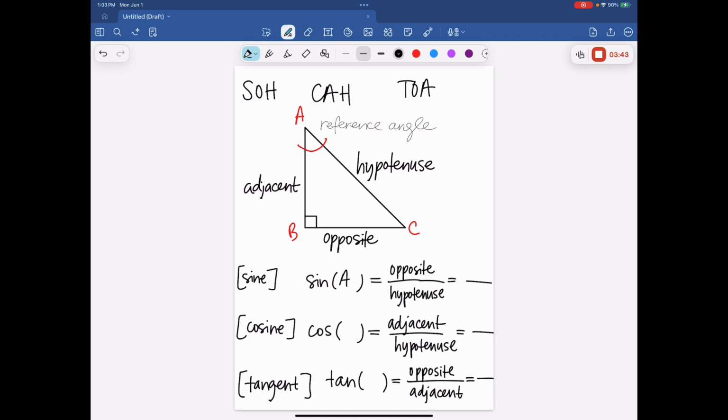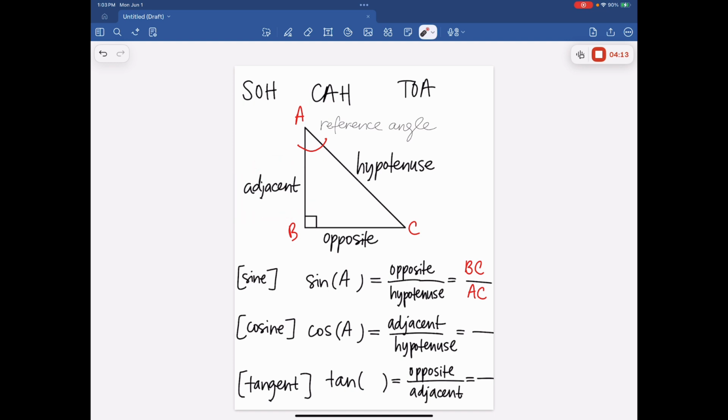So the sine of A is going to be the opposite over the hypotenuse. But what's the opposite side, you ask? This is just going to be side length BC. So BC is my opposite, and the hypotenuse, we know that to be AC. So let's look at the cosine of angle A. The cosine of A is going to be the adjacent over the hypotenuse.